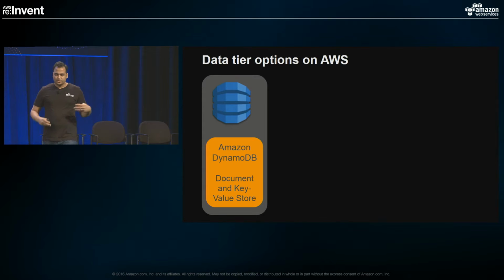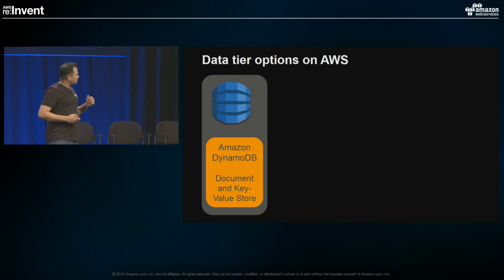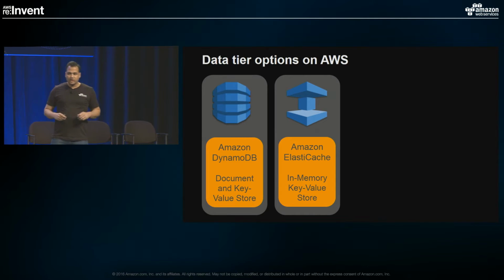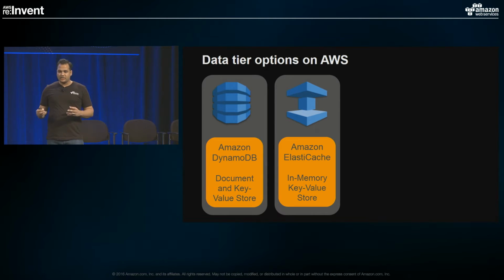I want to introduce you to different data tier options that we have in AWS today. The first one is Amazon DynamoDB. It's a document and key value store, very highly scalable, and it's a NoSQL data store. And there's Amazon ElastiCache. It's an in-memory key value store. It provides fully managed and highly scalable Redis or Memcached.